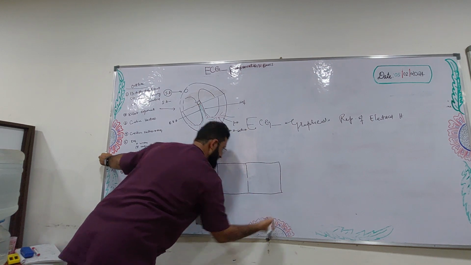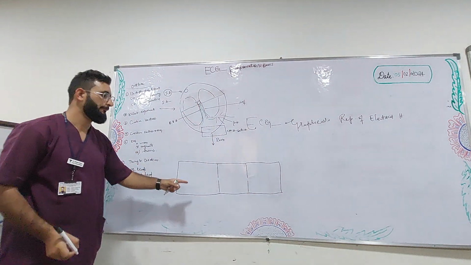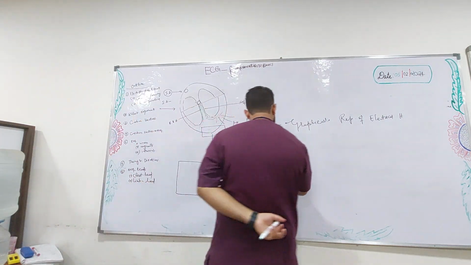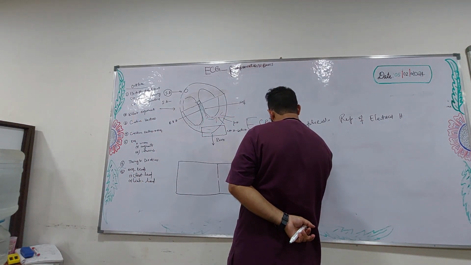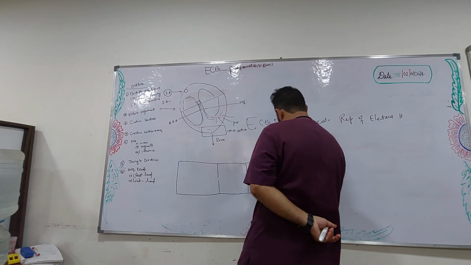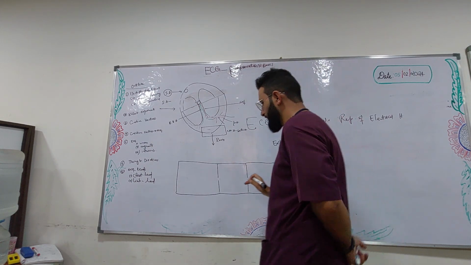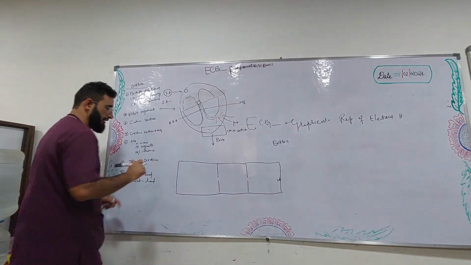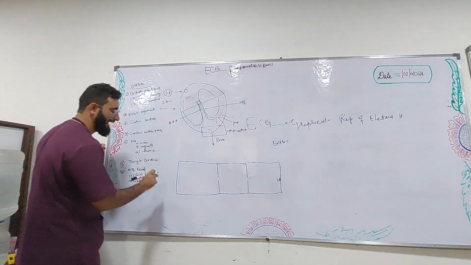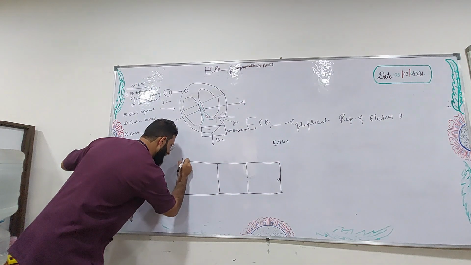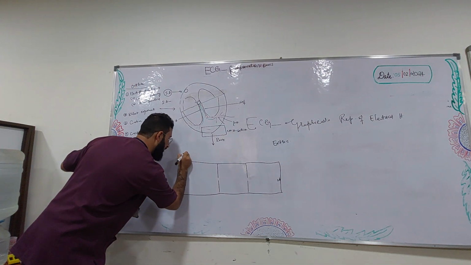So these are 3 myocardial cells. This is the extracellular space, and this is the intramyocardial space. On the membrane of the myocardial cells, we have channels. First, we have the sodium ion channel.